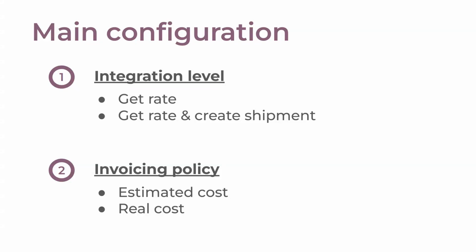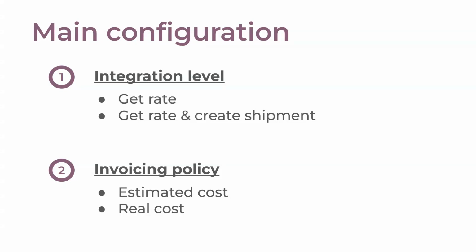The second main configuration that you can have is the invoicing policy, and there are two options as well: estimated cost or real cost. I'm going to explain that directly on the database just after, but the main difference is that the estimated cost only estimates the cost based on information that you already have in Odoo.